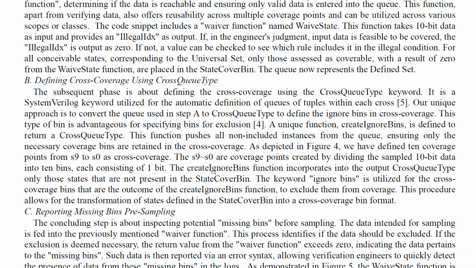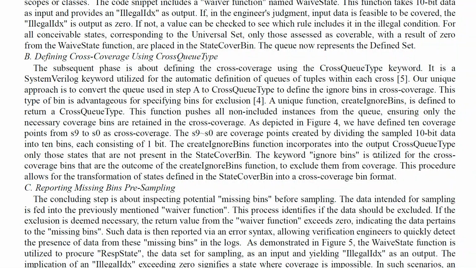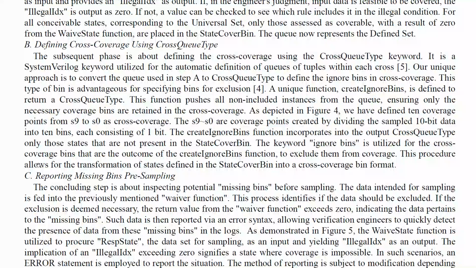The create ignore bins function incorporates into the output cross queue type only those states that are not present in the state cover bins. The keyword ignore bins is utilized for the cross coverage bins that are the outcome of the create ignore bins function to exclude them from coverage.